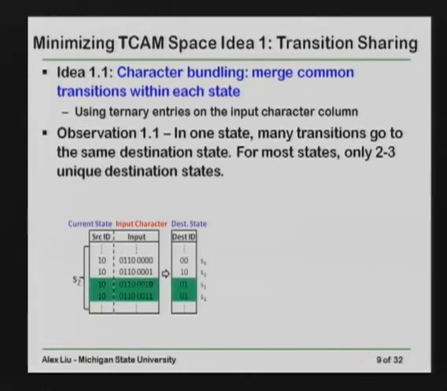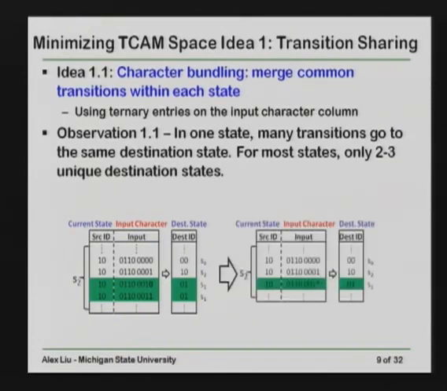So take a look at these 2 entries. They're both in the same state table, S2. And if you look at the input character, they only differ by the last bit. One is 0, another is 1, right? And they go to the same destination state. So this TCAM entry, which is binary right now, we can replace by ternary.